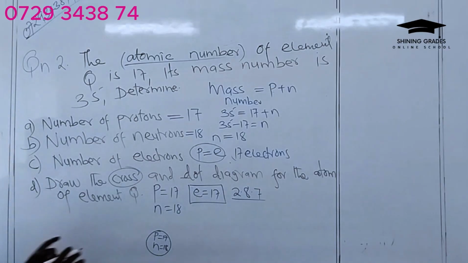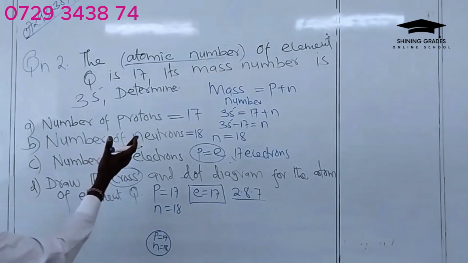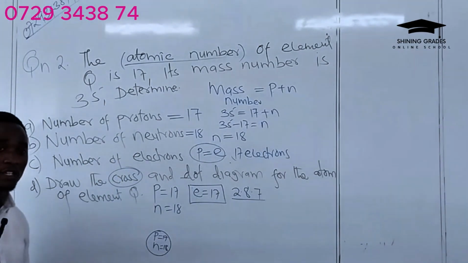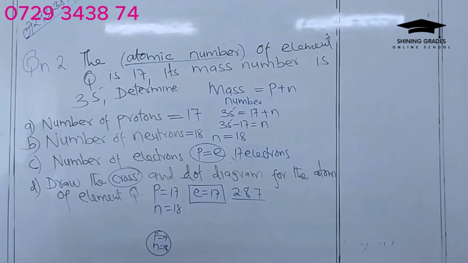I write the number of protons and neutrons within the nucleus, because I already have mass number and atomic number, therefore I can work out the protons and neutrons.